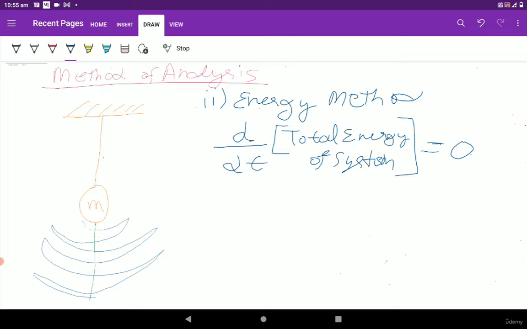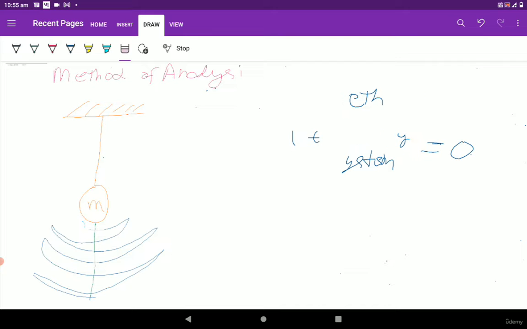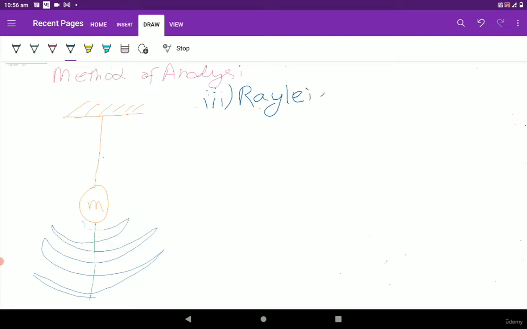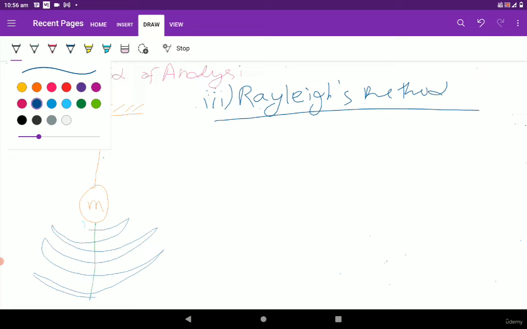And the third method to solve the given problem is by using Rayleigh's method. Let's plot some graph so that you can understand.